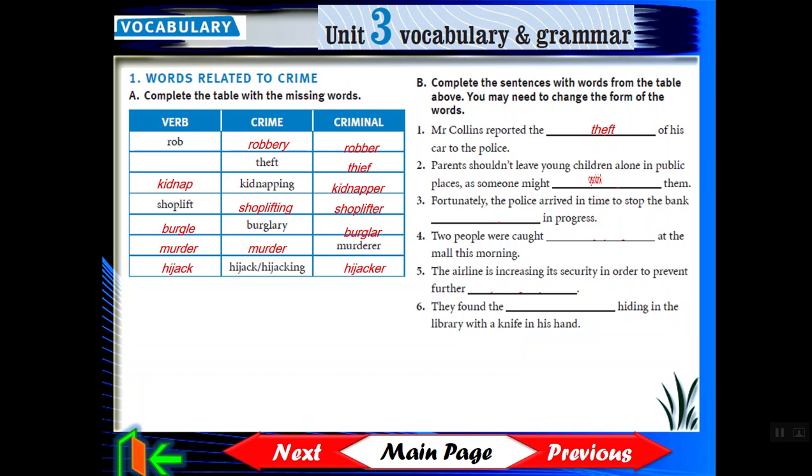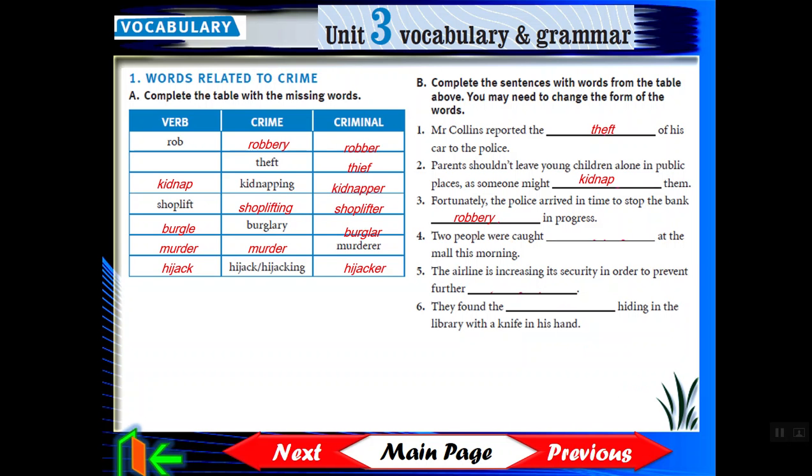So the answer, kidnap. You can underline the word children so that you know someone might kidnap them. For number 3, fortunately, the police arrived in time to stop the bank. Oh, here the word bank. The bank is a clue for robbery. So yes, robbery in progress.